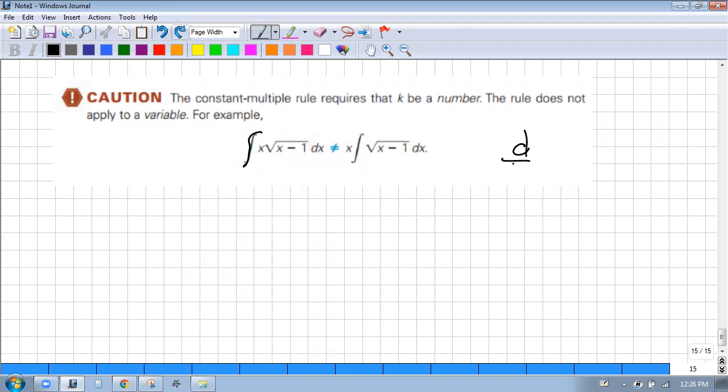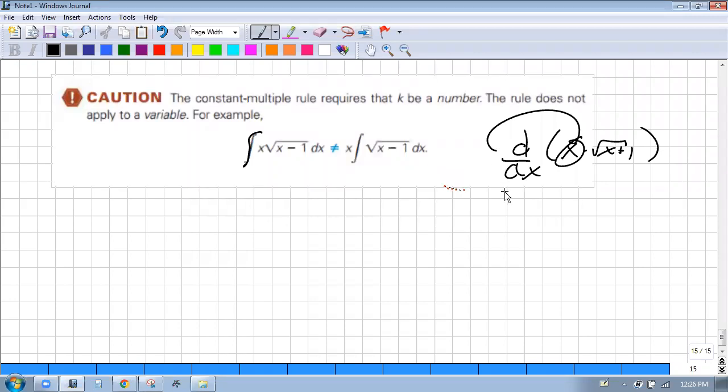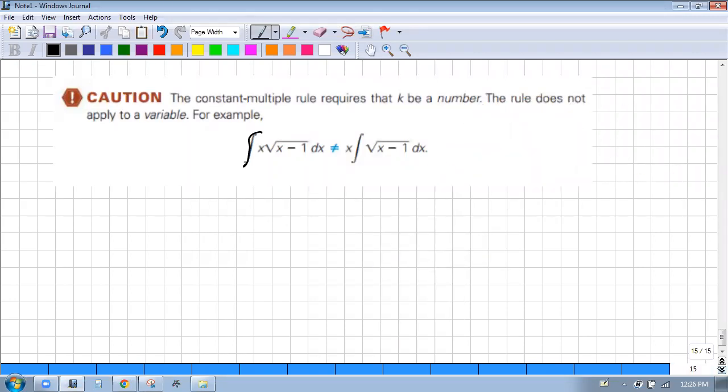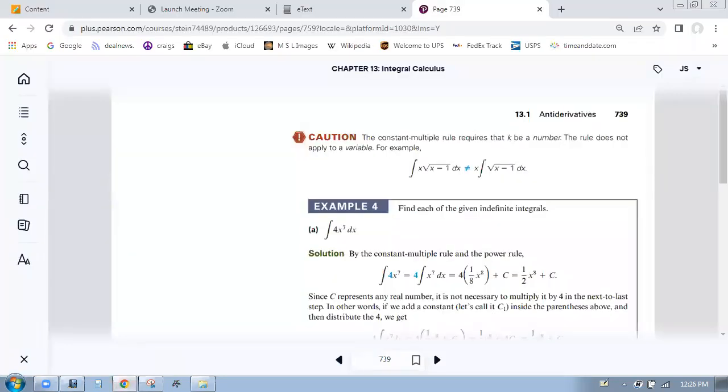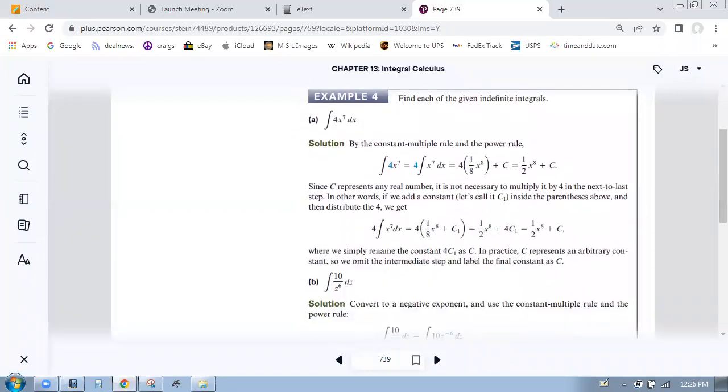Just like you can't be like, oh, if I had x times the square root of x plus 1, you can't just take this x and pull it out and be like, I don't care about that x. You can't do that, right? Cannot do that. You pull constants out. So let's look at some examples.